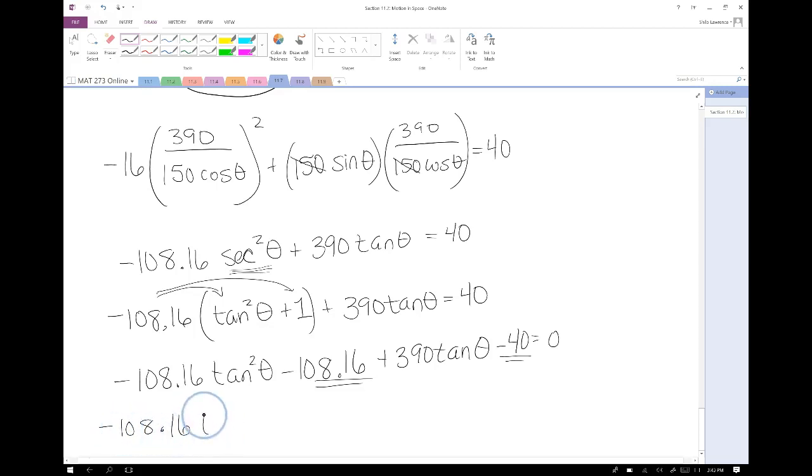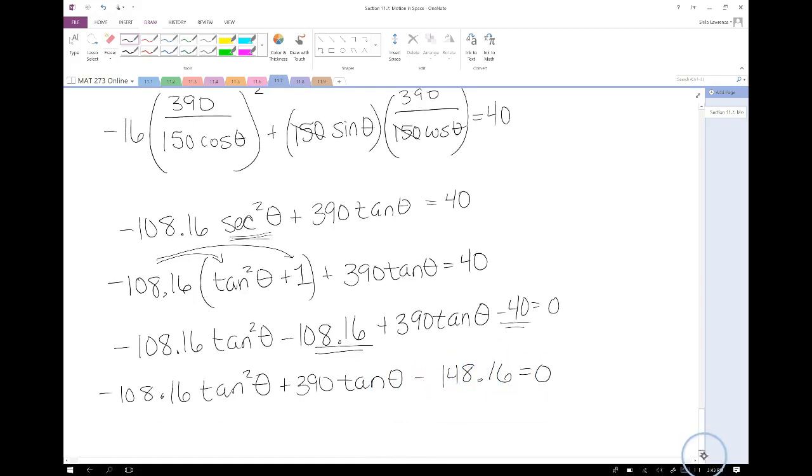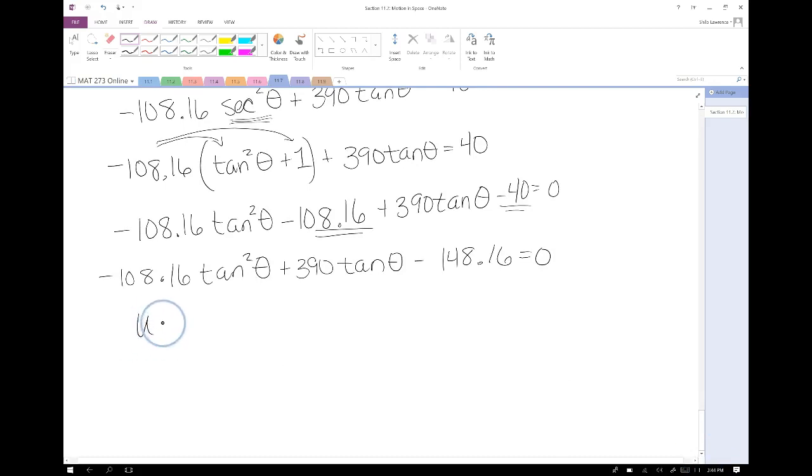I've got negative 108.16 tan squared plus 390 tan minus 148.16 equals 0. And all we have to do is a substitution for the tangent. Let u equal tangent, and that will make this look much more like a quadratic equation.